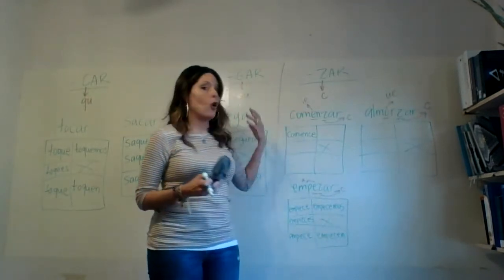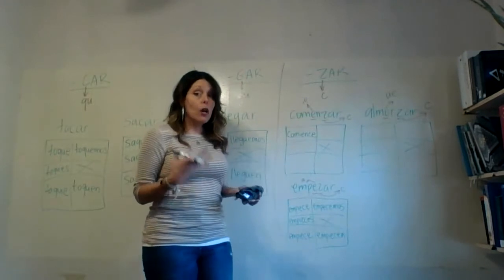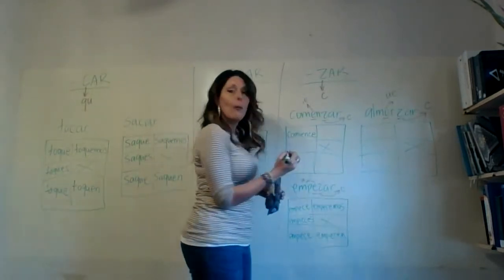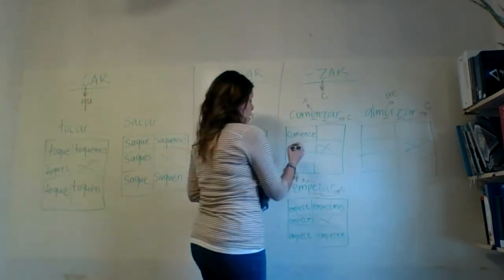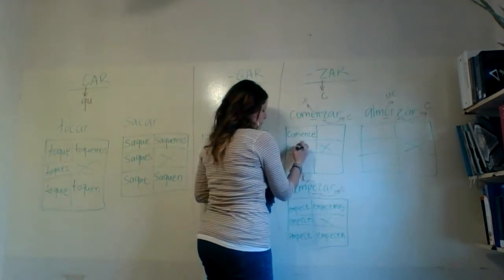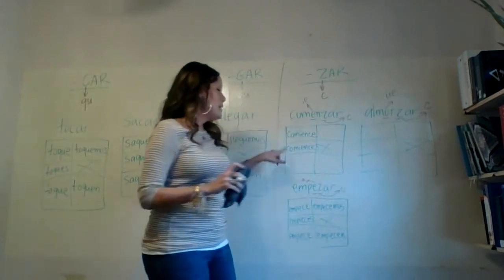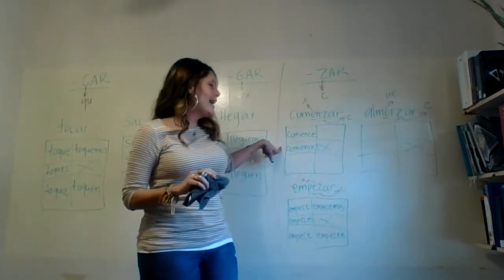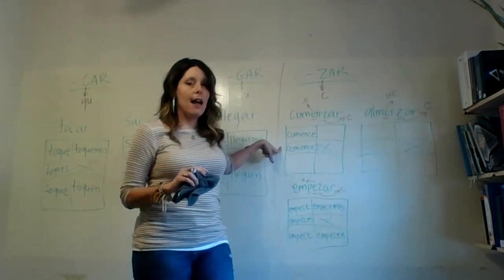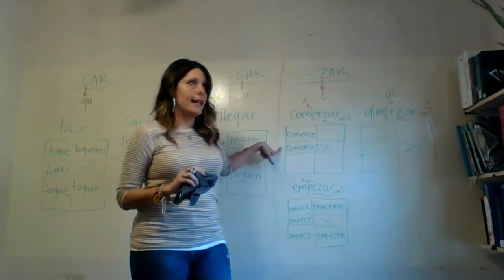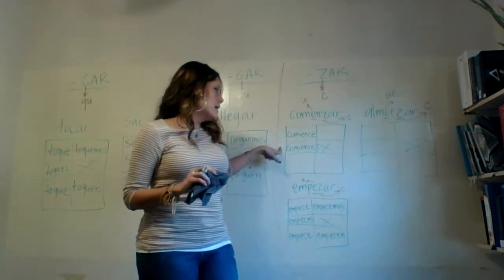Following this, comience, our tú conjugation will be comiences. So I'll jot that down. C-O-M-I-E-N-C-E-S. And how did we get there?